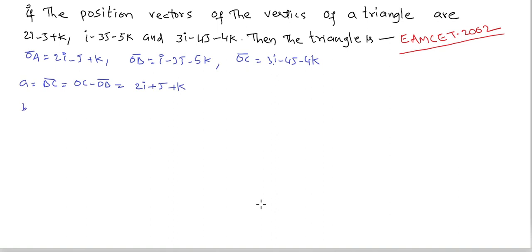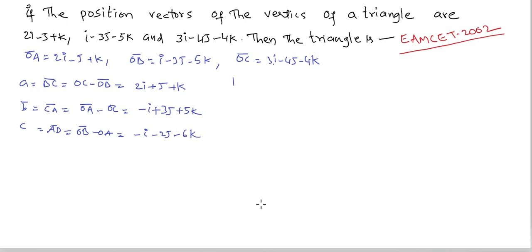Then b is CA bar, that is OA bar minus OC bar, which is 2i minus 3i, minus j plus 4j, k plus 4k. And c is equal to AB bar, that is OB bar minus OA bar, which is i minus 2i, minus 3j plus j, minus 5k minus k.